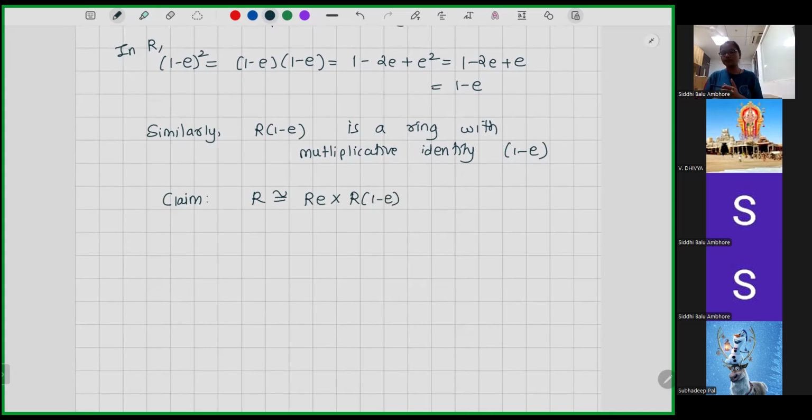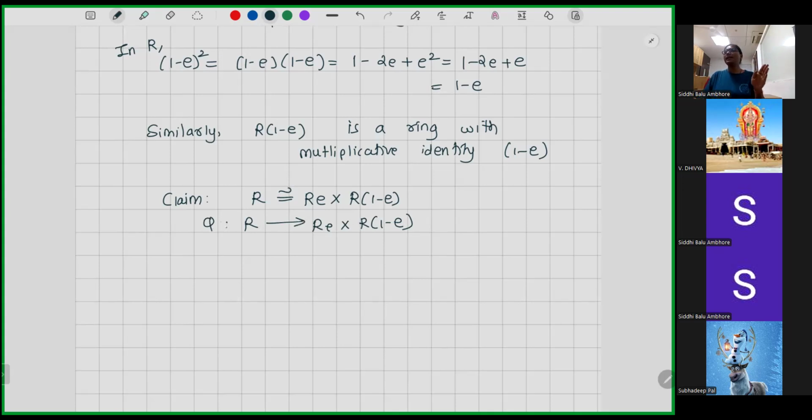Can someone give me how the map will go? So this is an isomorphism. We have to define some phi from R to RE cross R(1 minus E), and show that it actually gives a ring isomorphism.